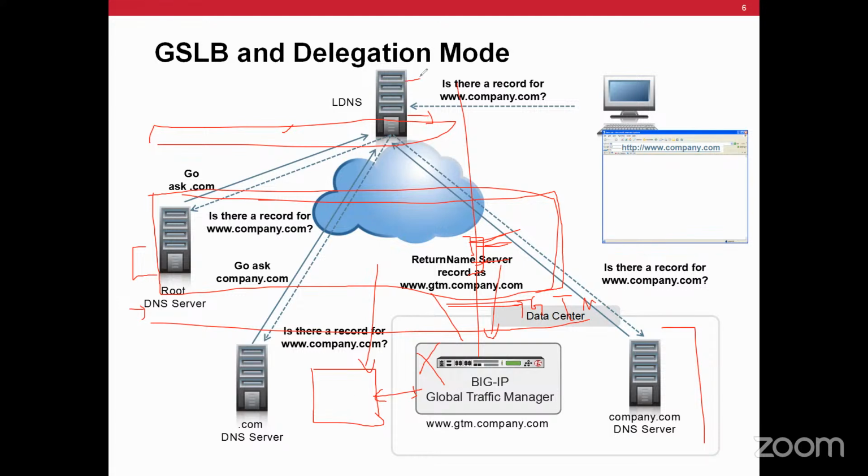Now it's up to LDNS which one it wants to prefer, but ultimately the record will be the same because both are in configuration sync. So this is the setup where you have two GTMs for high availability. We are talking about GTM failure, high availability for the GTM itself. That's why we have these two records over there.